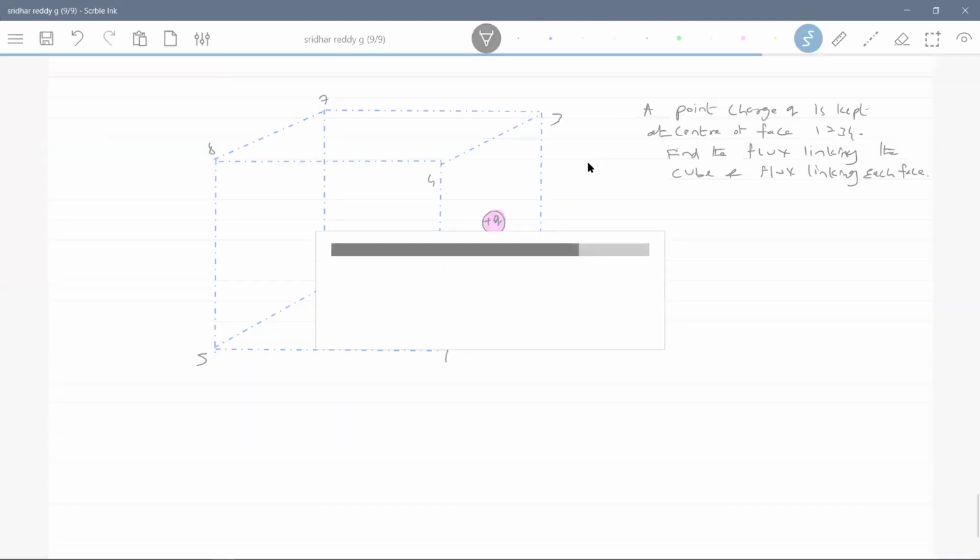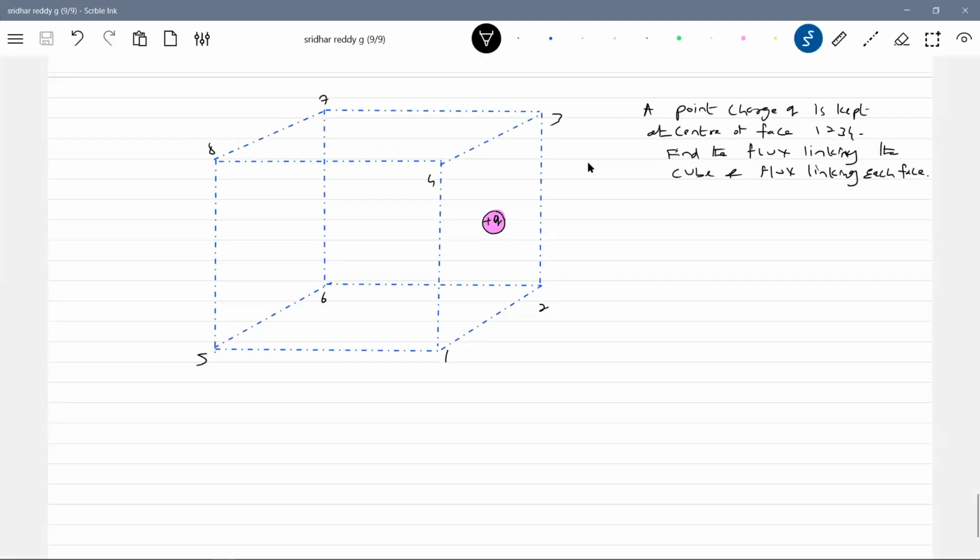I think there's no other way. We have to go for what? The above formula. Without that formula, it is not possible; nobody can solve it. How to calculate, so what is the total flux linking the cube? How much will it be?